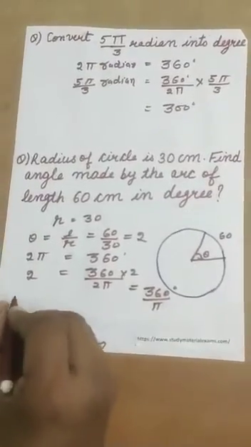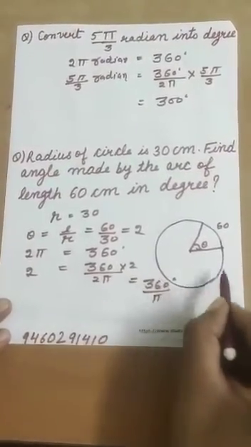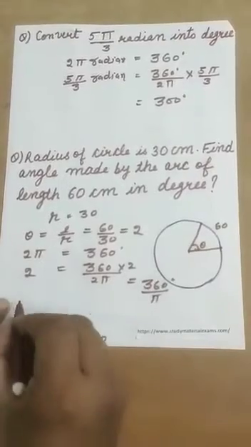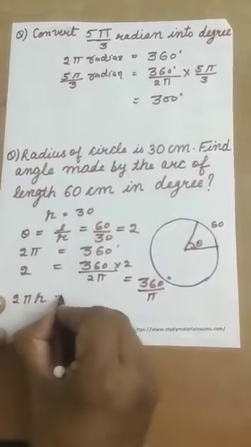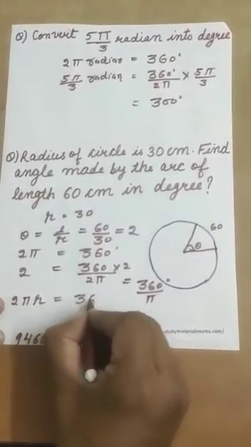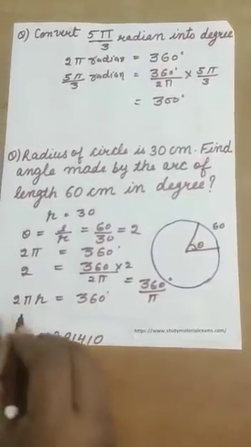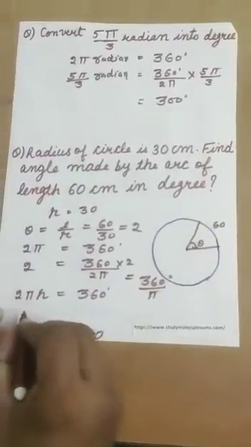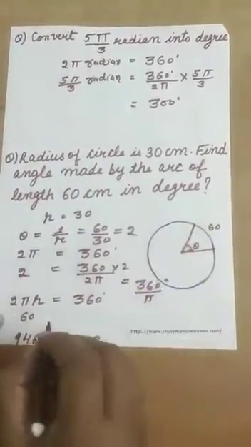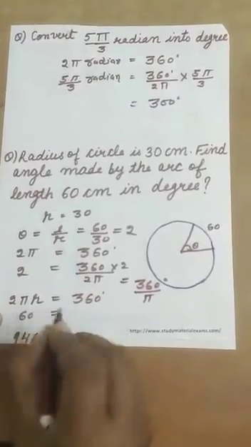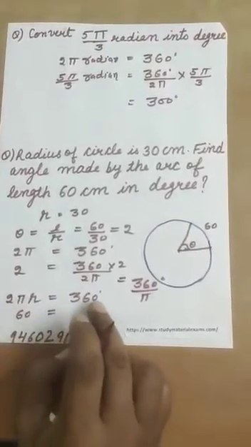There is one more method in which you can solve. The circumference of the circle is 2 pi r. So we may write: 2 pi r length makes 360 degree, and the length of the arc is 60 centimeter. When the length is 2 pi r, it makes the angle of 360.